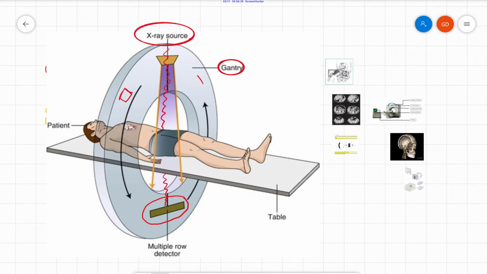The gantry will now rotate. X-ray will penetrate again and be detected from the opposite side by the detectors. Again, from this angle. And so on until this image over here is built.